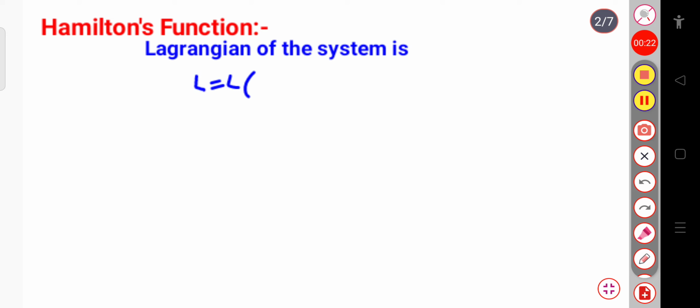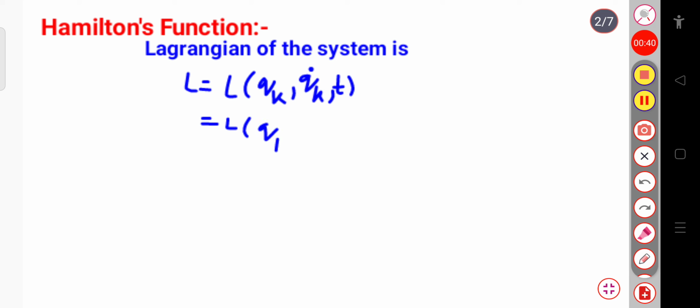position, that is if I write the position as qk, all the coordinates, and the velocity, that is qk dot, and t. So the Lagrangian is the function of qk, qk dot and t, and this can be written as L of qk, means the coordinates are q1, q2, q3 and so on up to qn.